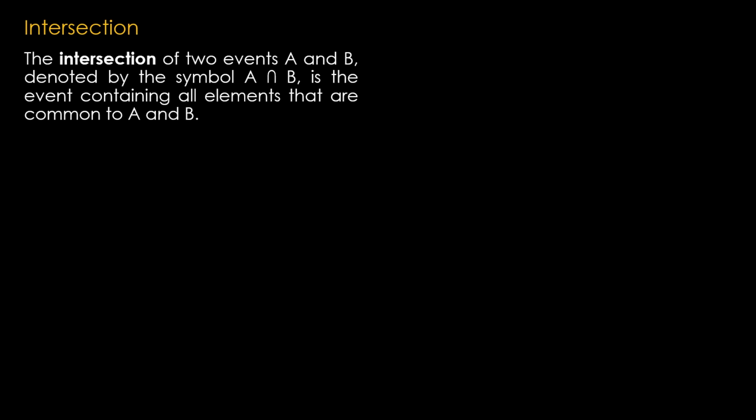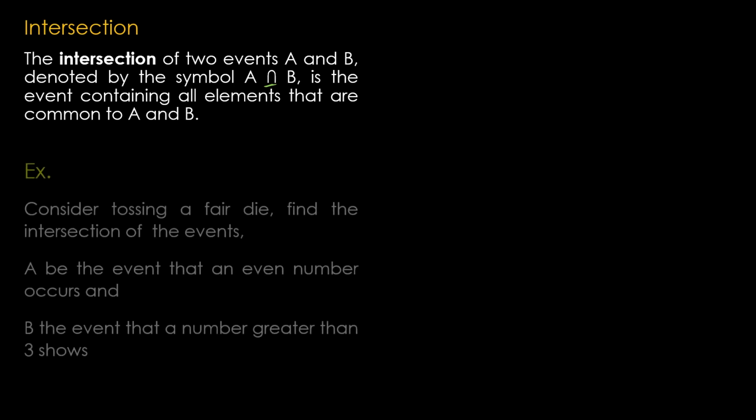The intersection of two events A and B is usually denoted by this inverted U, meaning the event containing all the elements that are common to A and B. Kung ano yung pagkakapareho nila, kaya kayo nagka-developan.